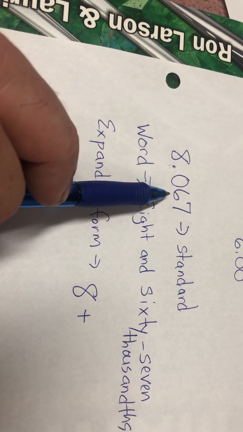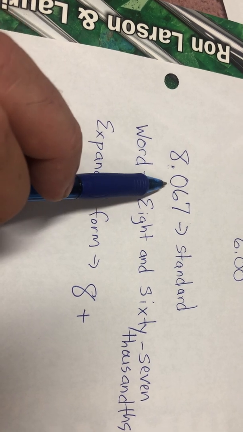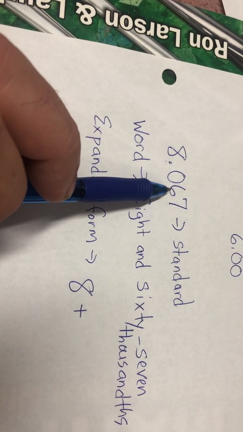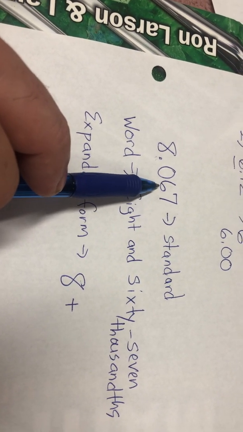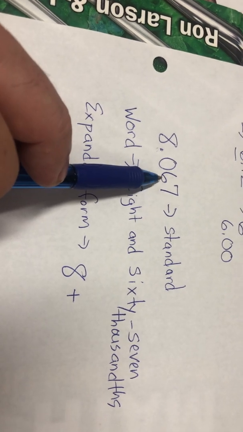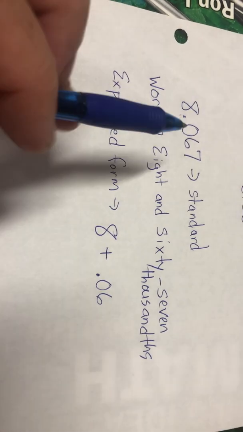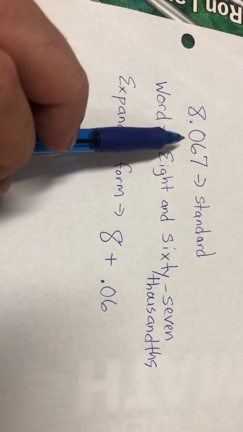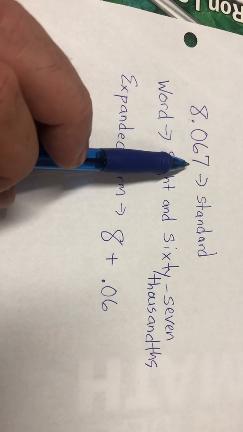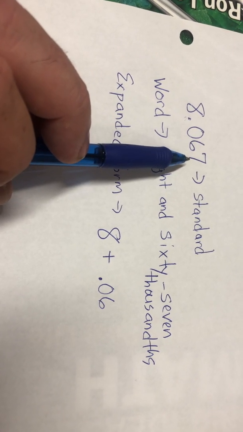Next I go to the 6. Well, it's ones, tenths, hundredths. The value of the 6 in the hundredths place is 6 hundredths. So I'm going to write the number 6 hundredths. Then I'm going to go up here and I have tenths, hundredths, thousandths. I have a 7 in the thousandths place.